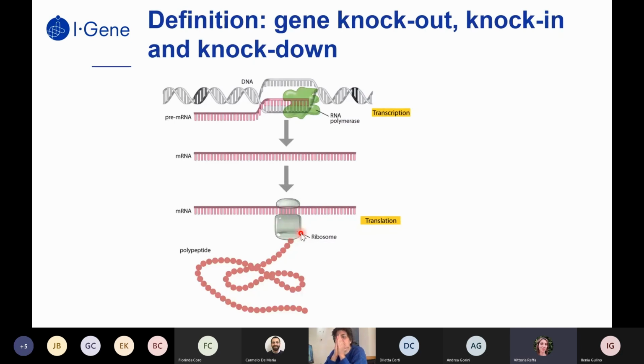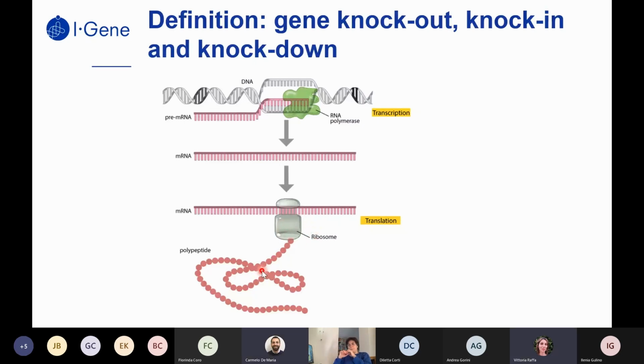Okay. So what I'm saying is that starting from the gene in the genome, this enzyme transcribes, in the process of transcription, the messenger RNA. Then the messenger RNA is translated by the ribosome into the protein.